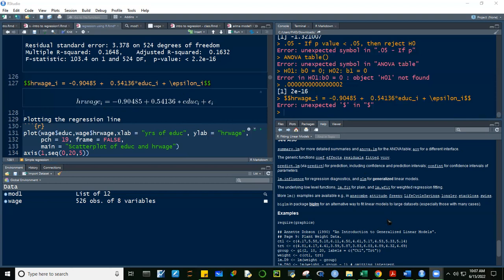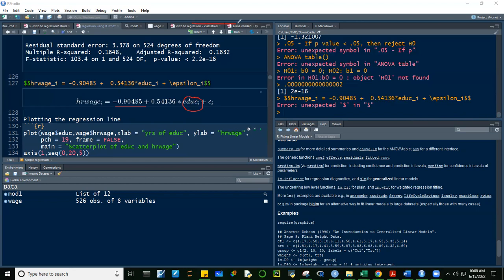Let me annotate that. Okay. Education guys to. Education. 'Di ba sabi natin yung intercept na 0.9, this is the value of your hourly wage if education is equal to 0.